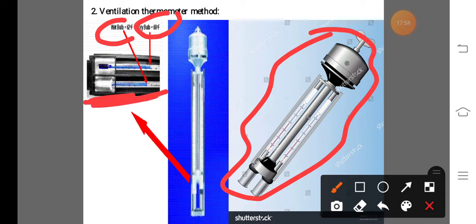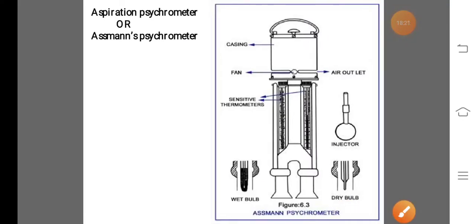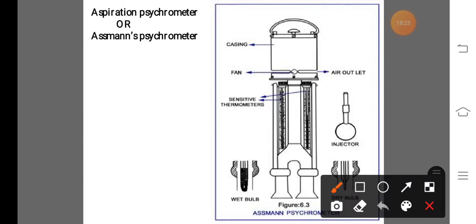It is attached to a jacket, and this jacket contains water, and this water keeps the wet bulb thermometer continuously wet or moist. So this is about the structure of the Asman psychrometer or ventilation thermometer or aspiration psychrometer.